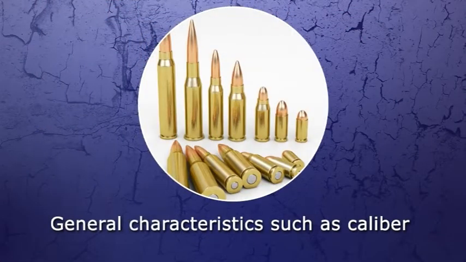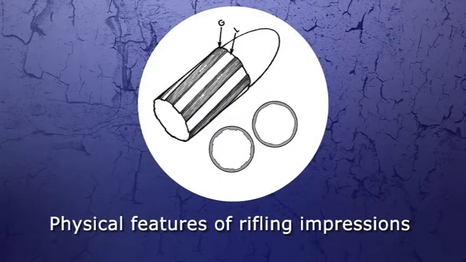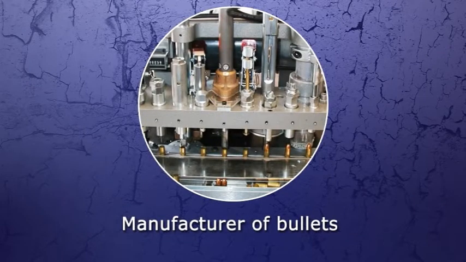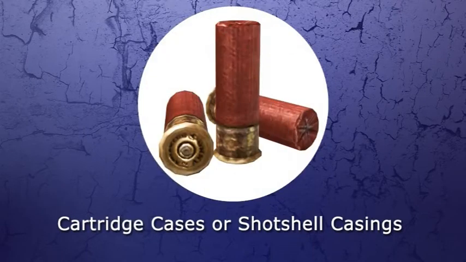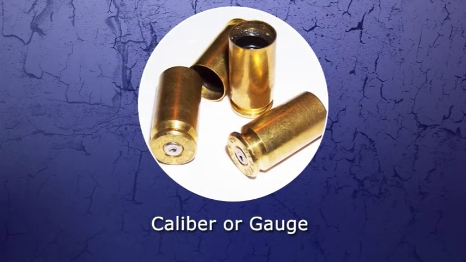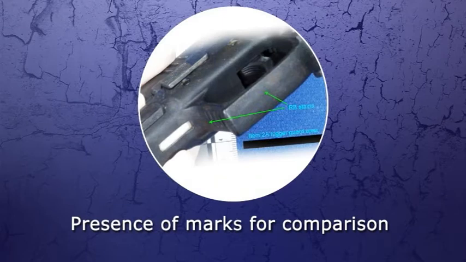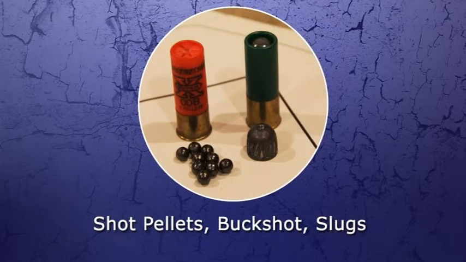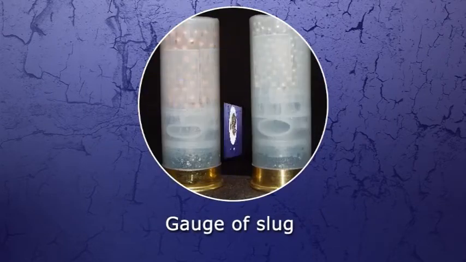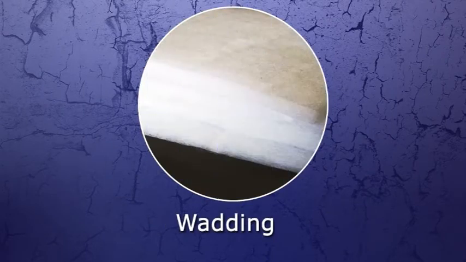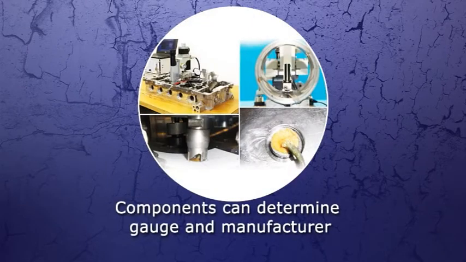Fired bullets, general characteristics such as caliber, physical features of rifling impressions, manufacturer of bullets, cartridge cases or shot shell casings, caliber or gauge, presence of marks for comparison, shot pellets, buckshot slugs, size of shot, gauge of slug, weighting. Components can determine gauge and manufacturer.